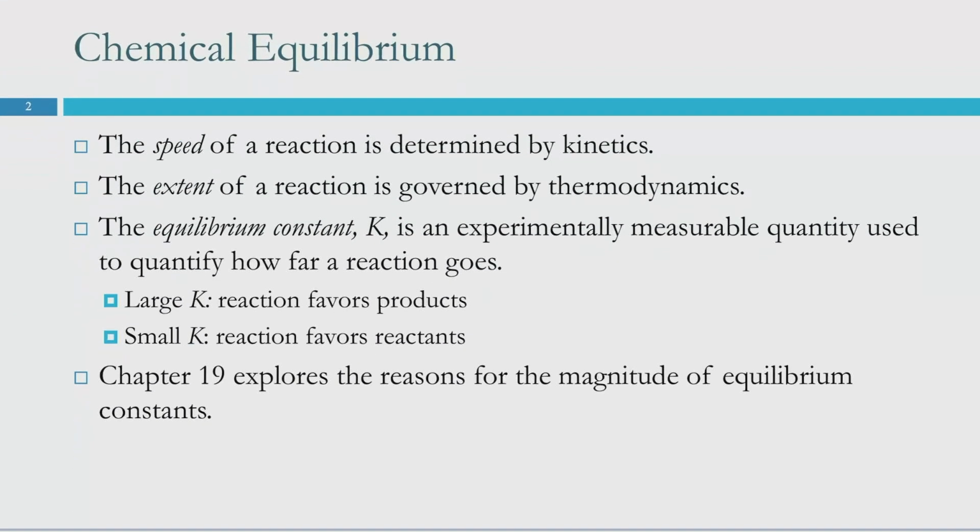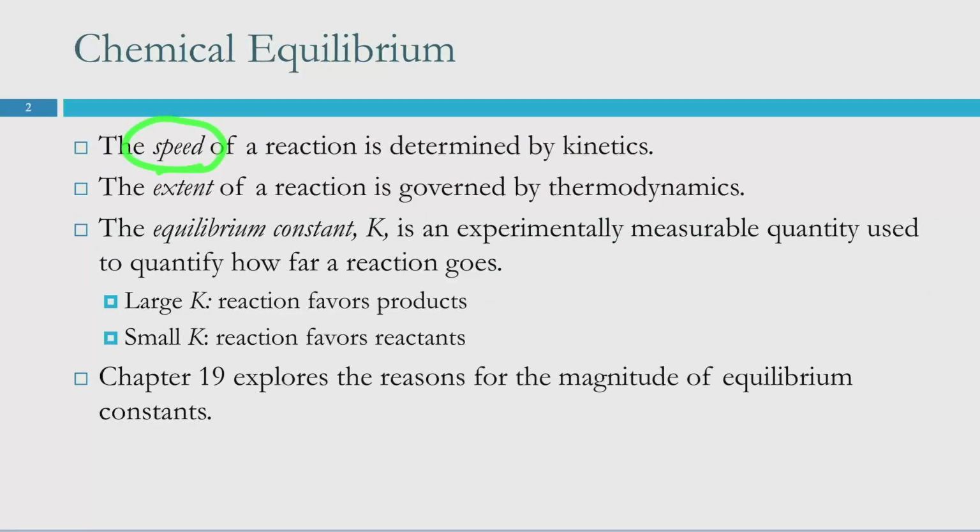So we've been talking about kinetics, and kinetics determines the speed of a reaction. Not all reactions will go entirely to completion, particularly reactions that are reversible. So for reversible reactions, the extent, how far they proceed, is governed by thermodynamics, and that's some of the stuff we'll be talking about today.